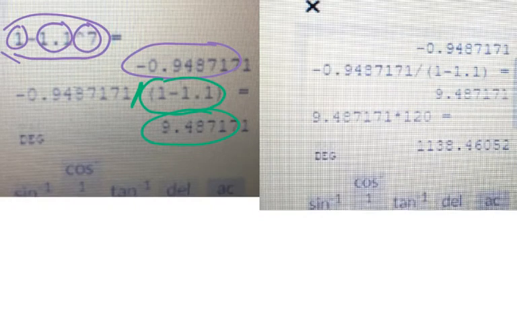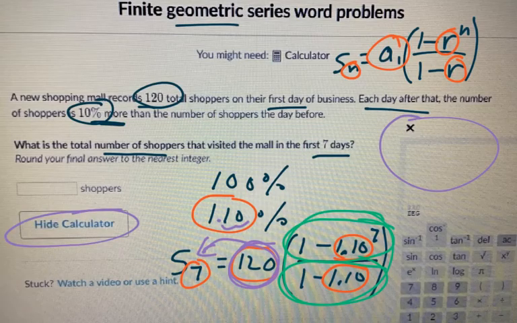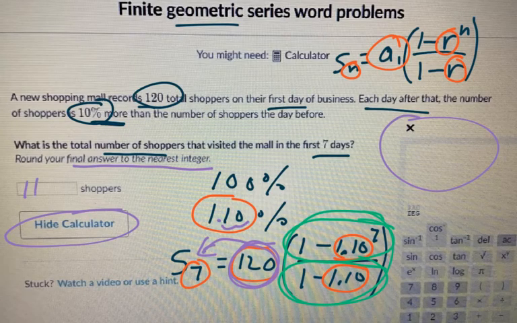So as you can see over here, here's a lot of the same work. I went ahead and times by 120. And since there's no such thing as 0.46 of a person, guys, we'd round off to either 1138 or 1139. Now they said round your final answer to the nearest integer, so that's why the nearest integer is 1138. So we would put in 1138 and we'd get that one right.